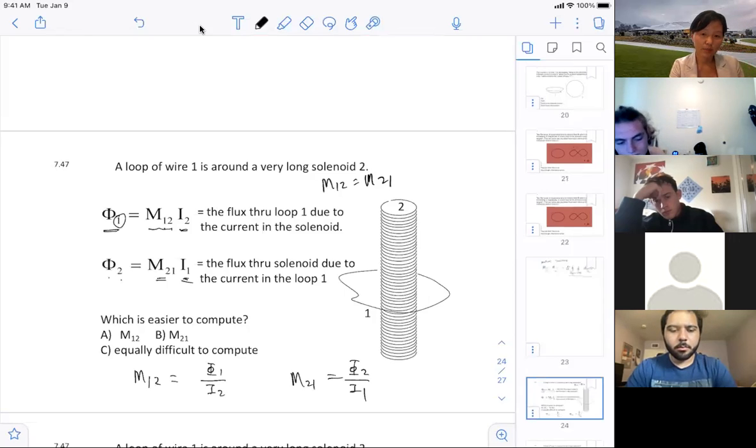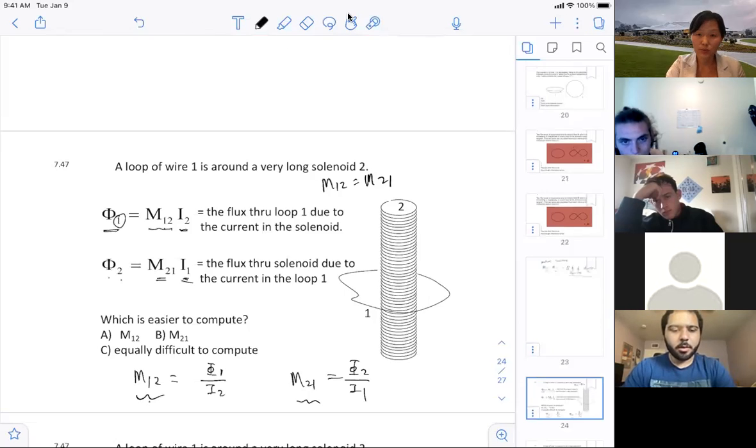So with this setup, 1 is some random shape of wire and 2 is a long solenoid. So which one of these is easier to calculate, M12 or M21? If you do M12, you will do flux through loop 1 divided by current 2. If you want to calculate M21, you do flux through loop 2 divided by current 1. So which one is easier to calculate?